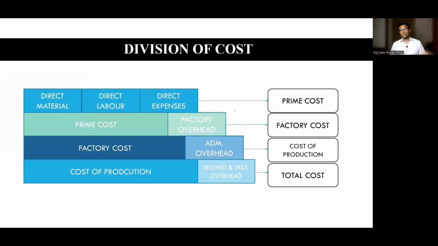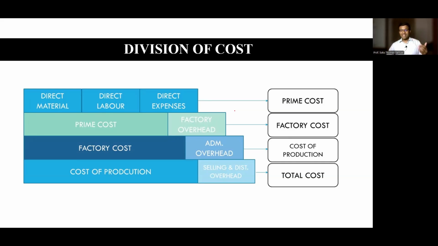Now let me present to you the divisions of cost. What we have learned so far is that direct material, direct labor, direct expenses, all this put together is referred to as the prime cost. Now, depending on which level of your hierarchy in the organization that you end up incurring the overhead, it can be categorized as factory overhead, administrative overhead, selling and distribution overhead.